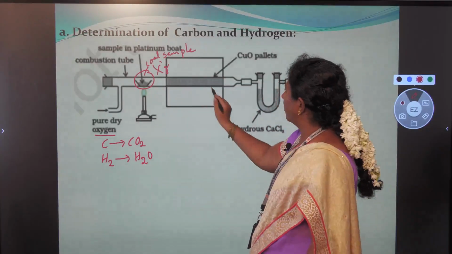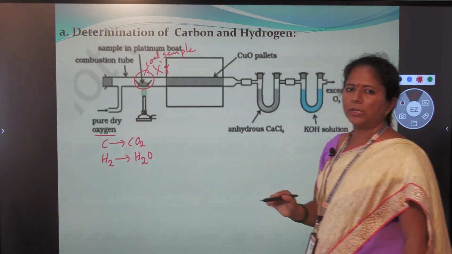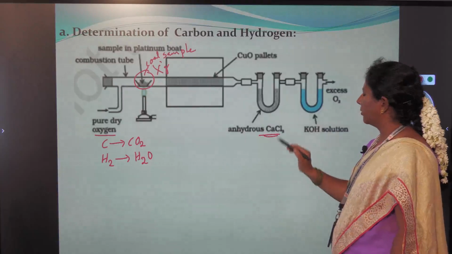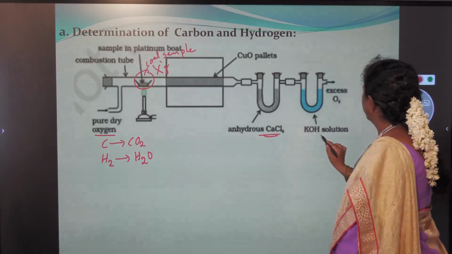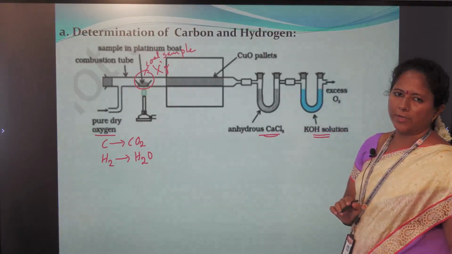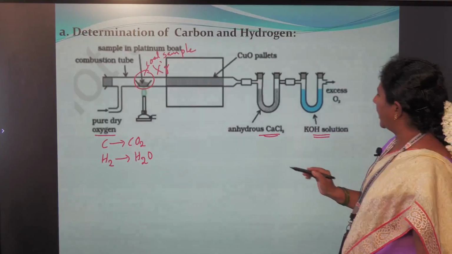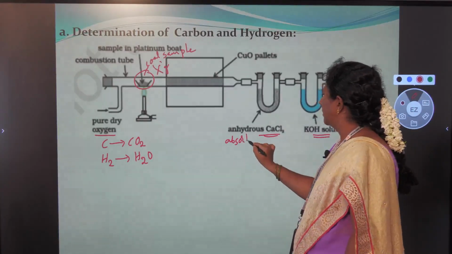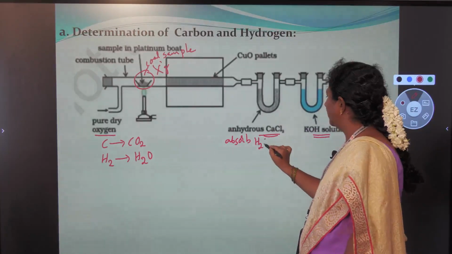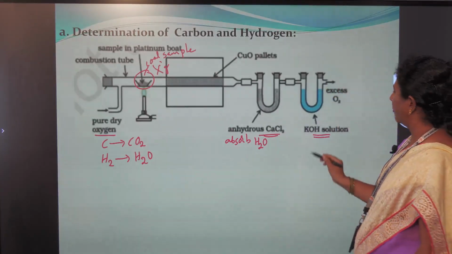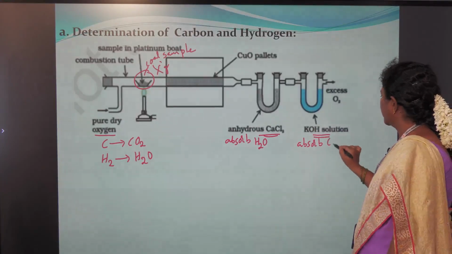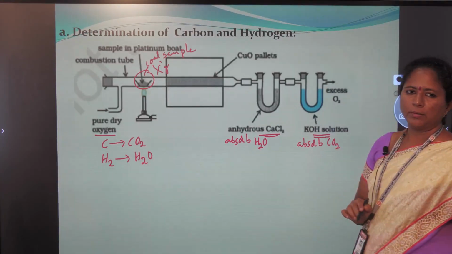Now the combustion products will be passed over two bulbs. The two bulbs are calcium chloride and potassium hydroxide containing bulb. Calcium chloride will absorb the H2O formed and potassium hydroxide will absorb the CO2 formed.